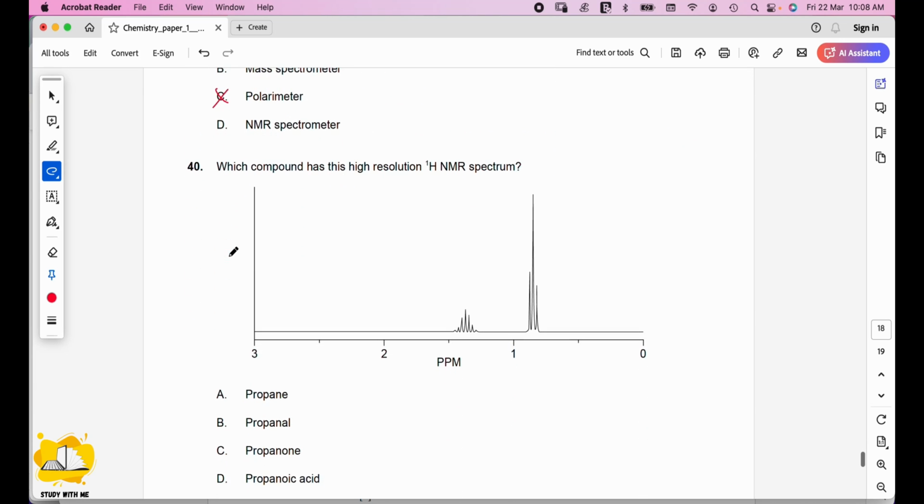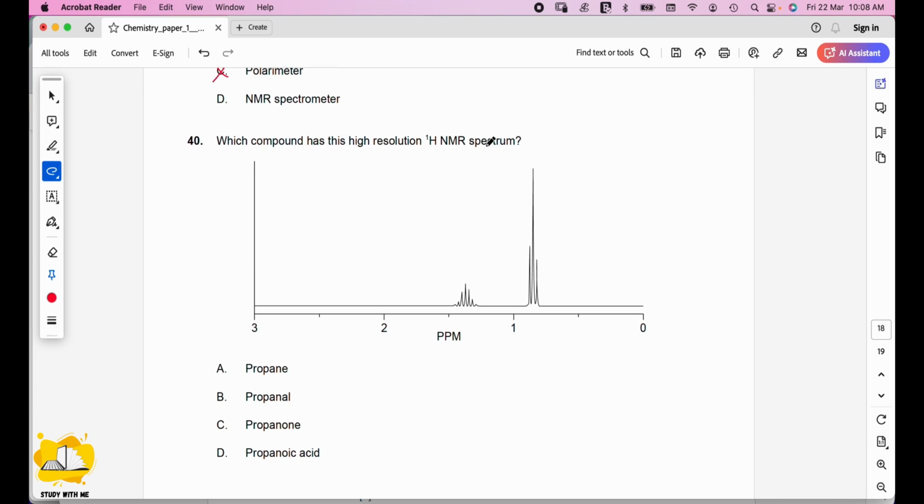Okay, for number 40, so you know this 3, so it's definitely CH3. And what about the answer? It is propane, because you see this, there are 3H and these are 5, so propane is CH3.